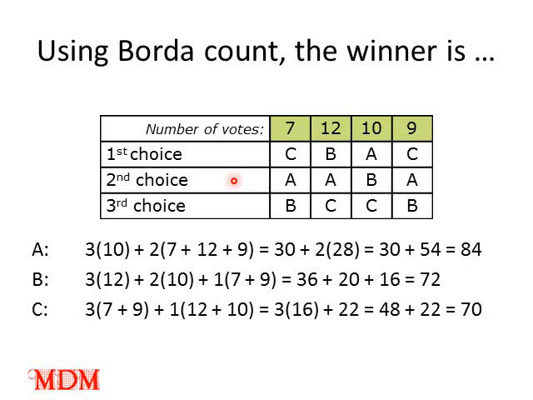Candidate C has absolutely no second place votes, and candidate C has 12 and 10 third place votes to get 1 point for each of those. So that gives candidate C a total of 70. In this case, the candidate with the largest number of points wins, and candidate A would be the winner.